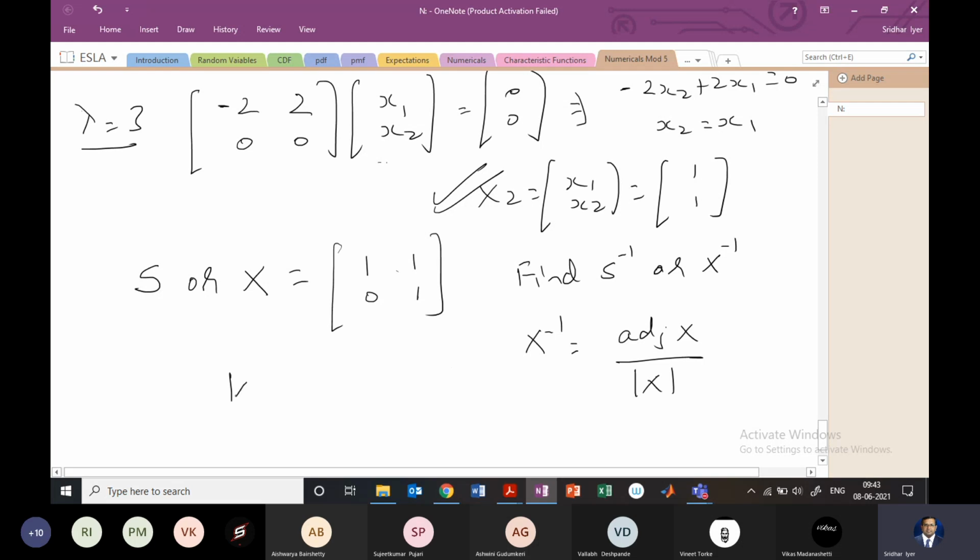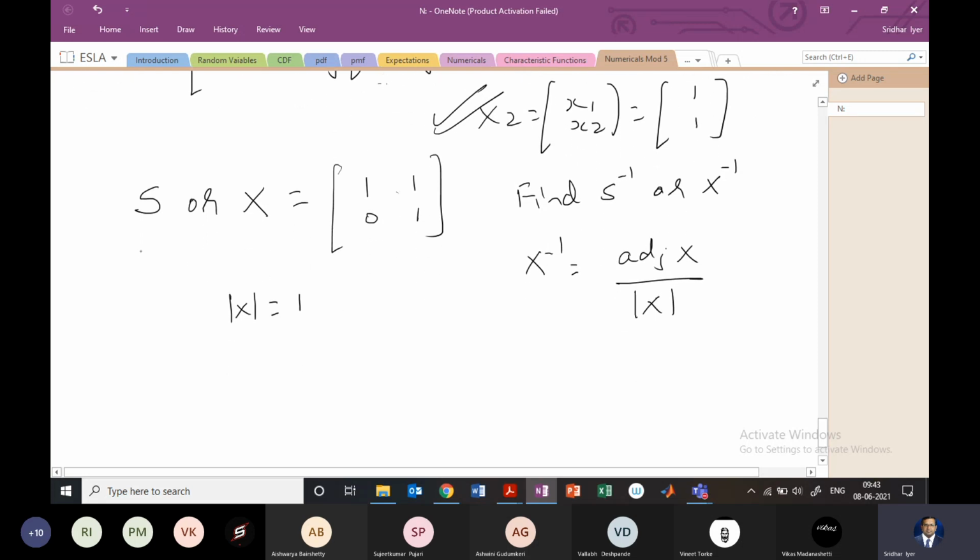So here we can find the determinant of X. This is nothing but 1. Okay, so the denominator is done. Now we need to find the adjoint of A. To find the adjoint of A, you need to find the cofactor matrix and then transpose the cofactor matrix, right? So what will we get as the cofactor matrix?